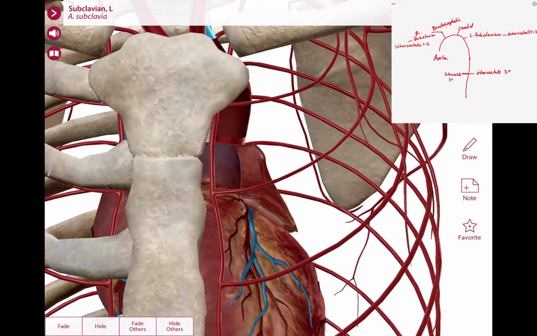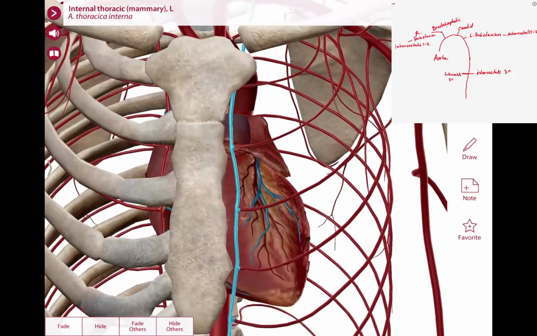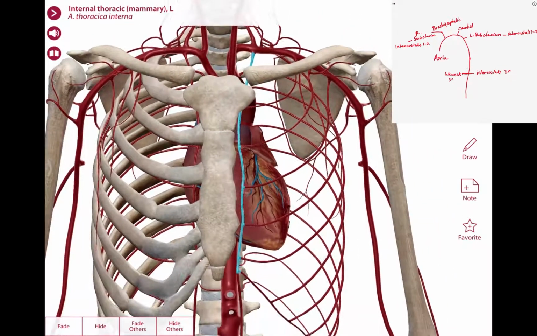In addition, there's this artery right here. This one runs right along the sternum, and basically it would be right along the breast. So it's known as the internal thoracic or mammary artery. I always kind of remember it as mammary artery because of its position. It's in the mammary region, and so that's an easy way to remember it to me.